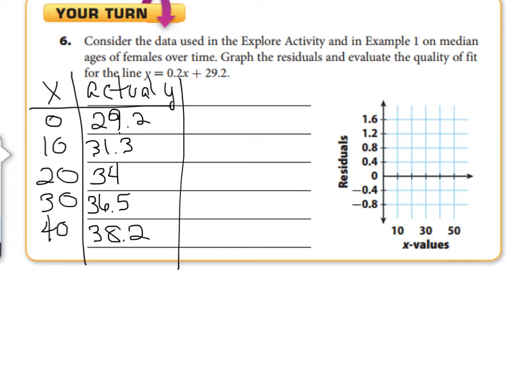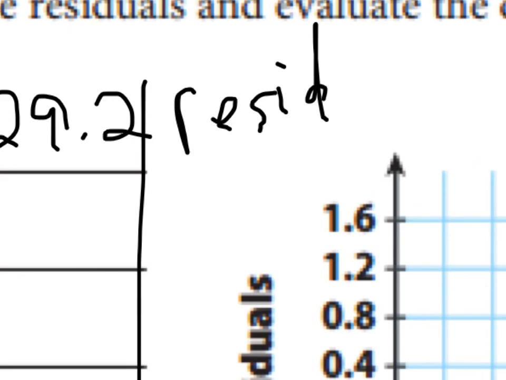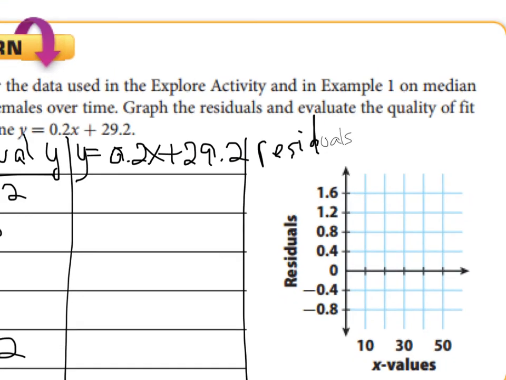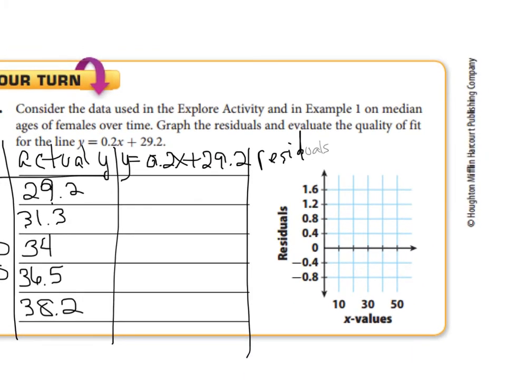The third column will be the predicted, which is y equals 0.2x plus 29.2. And then the last column will be the residuals. Well, again, to find the predicted, we take each of our x and we plug them into our y equals.